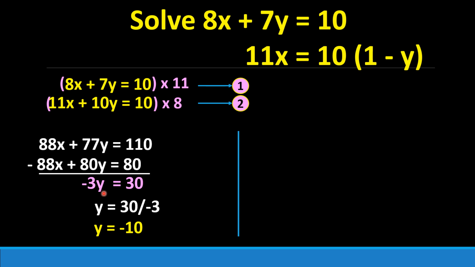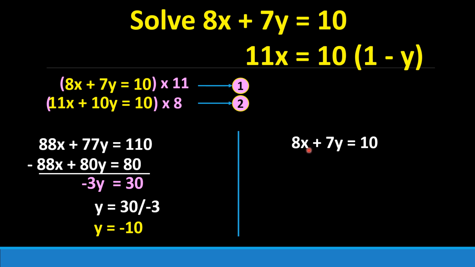Now we can consider any of these two equations and substitute the value of y as minus 10. Let us take one of the equations. The first equation, 8x plus 7y is equal to 10. That is taken, and we can substitute the value of y here in the place of this y.